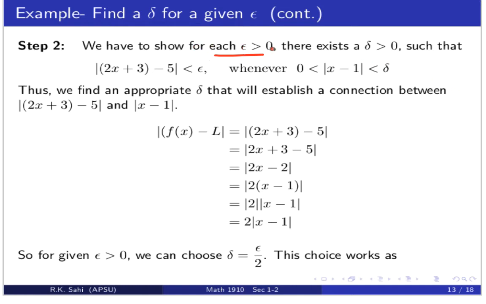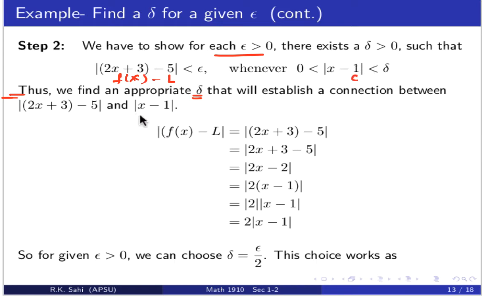That means this epsilon is kind of given, and based on epsilon you will find a delta such that |f(x) − L| < epsilon whenever 0 < |x − c| < delta, where remember this is your c. So what we're trying to do is find an appropriate delta which will establish a connection between the expression 2x + 3 − 5 and x − 1.